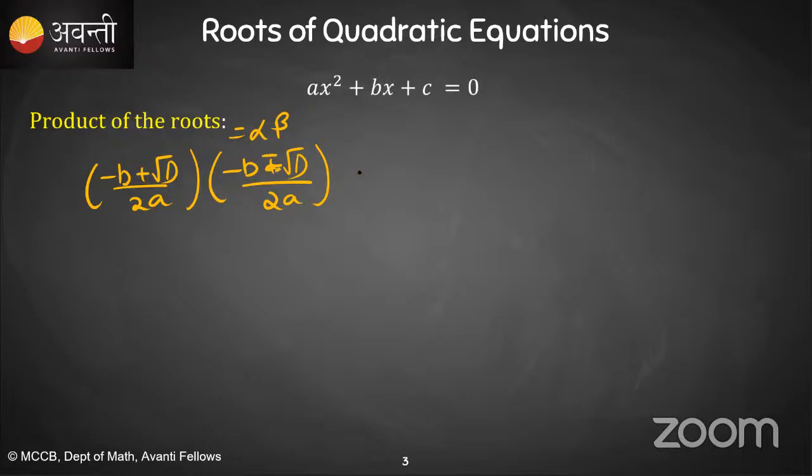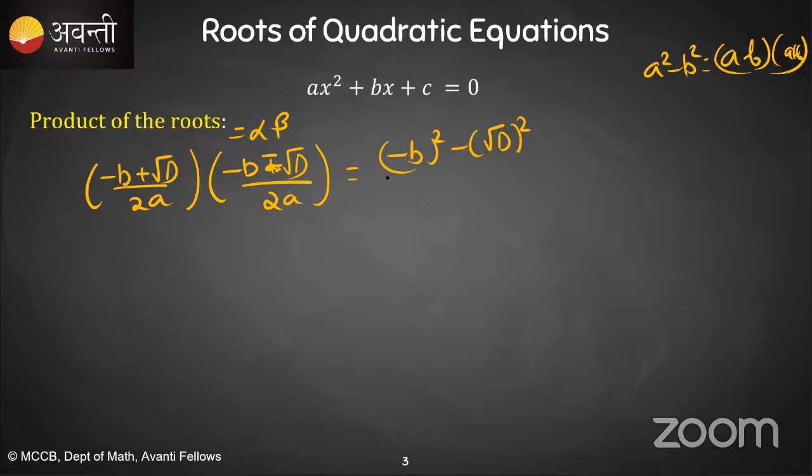So this is the product of roots. See, this is minus b plus root d into minus b minus root d, which means b square minus d square, right? a plus b into a minus b, a square minus b square क्या होता है? a minus b, a plus b. So the same formula we have applied here, divided by 4a square.